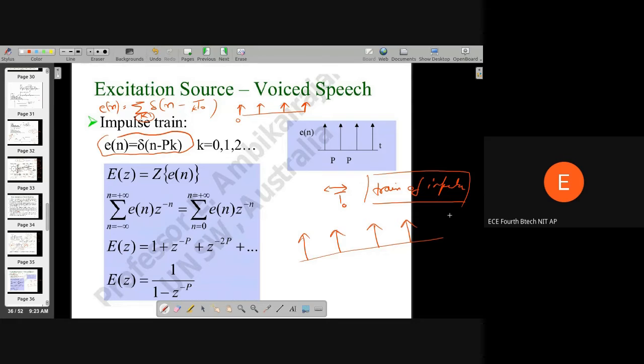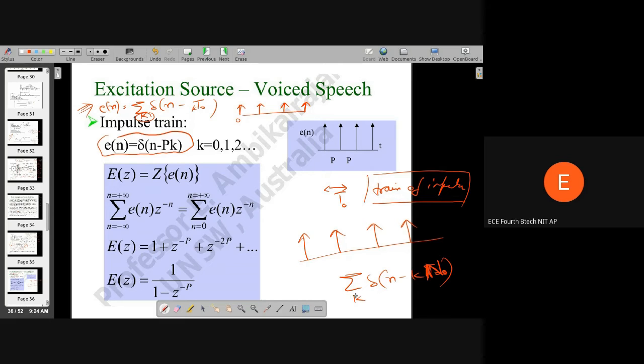Now we'll pass this through, and of course it will have your Z transform. You find out what your Z transform or Fourier transform of that is. But remember, there is a train of impulses, summation over k of delta of n minus kT naught, or in terms of sample points, kN naught.